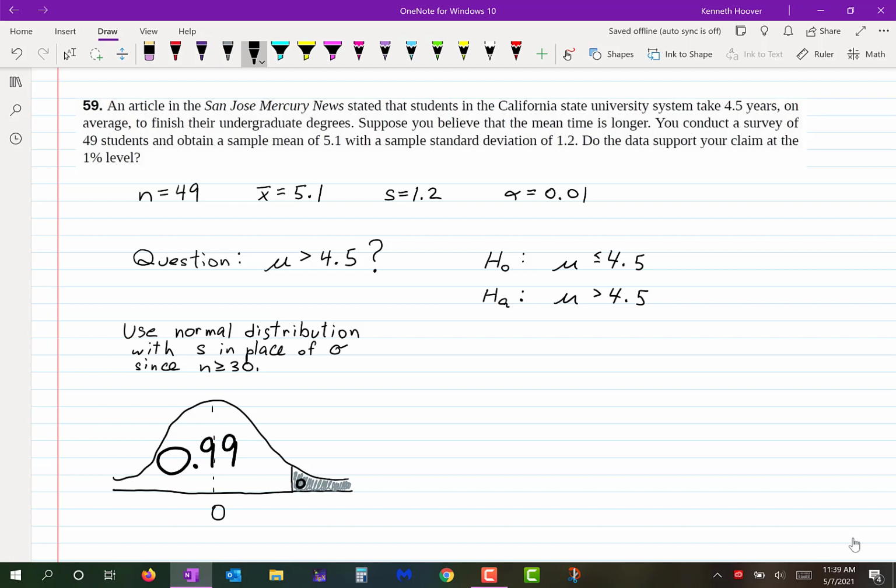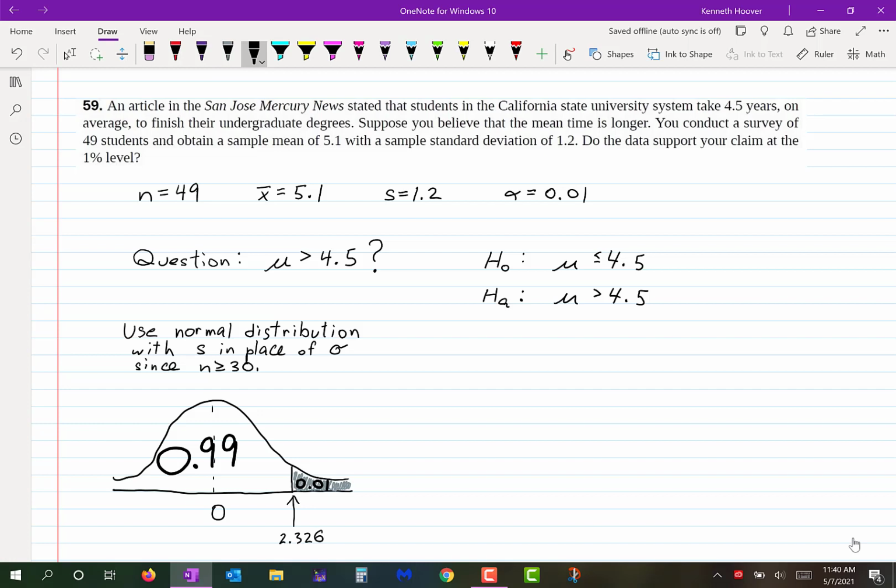This area here is 0.01. We look up this p-value here. Okay, and I looked that up for the standard normal distribution. It's 2.326.